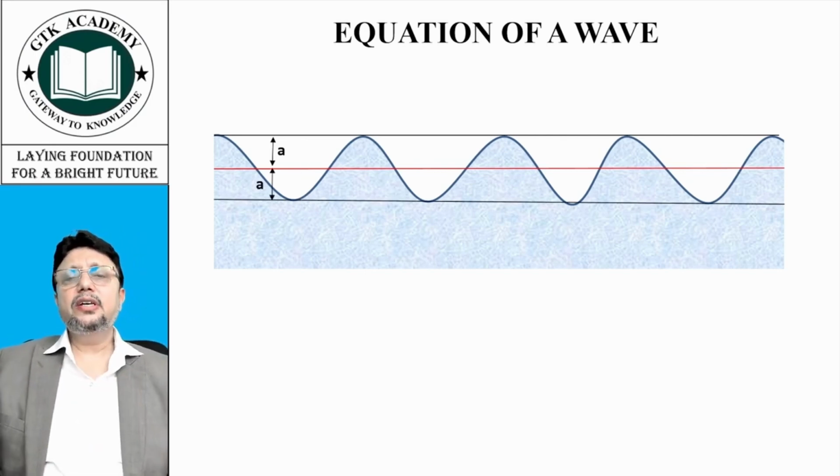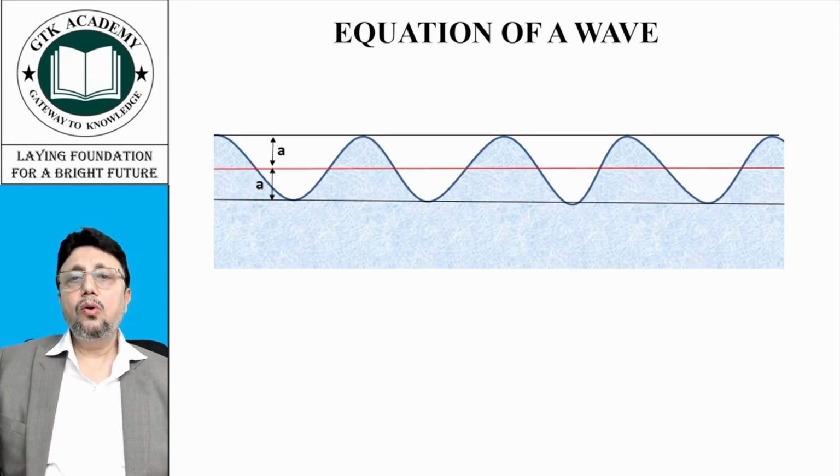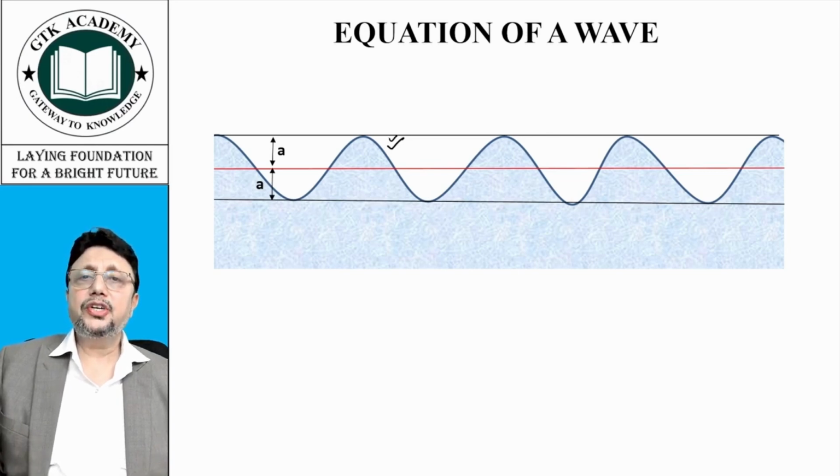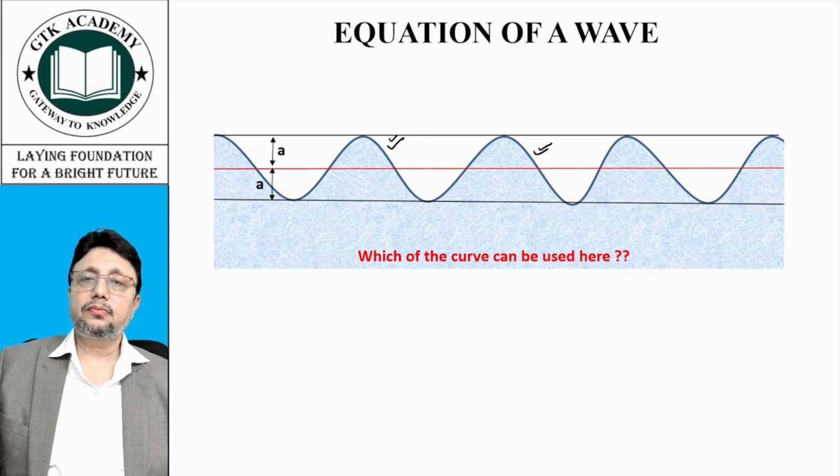Now the question is how to represent this wave. What mathematical expression will you use in representing this shape? Do you have any idea? Just pause this video and think about it. Which curve can be used here?